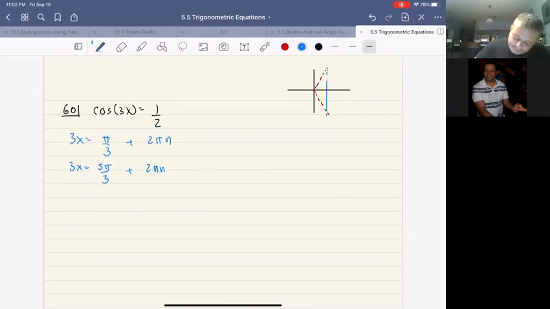So x equals pi over 9 plus 2 pi n over 9. Something feels off, but I'll just keep going. x equals 5 pi over 9 plus 2 pi n over 9.